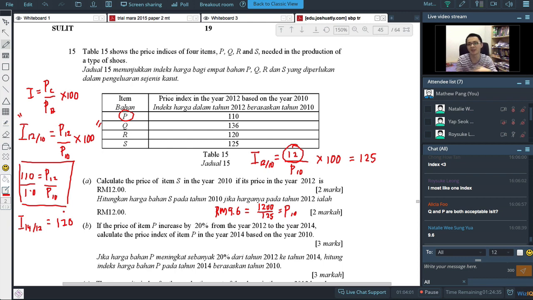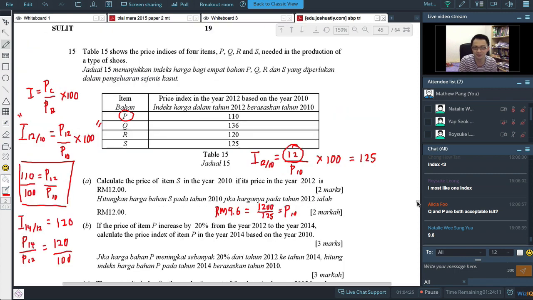Decrease 20, just minus 20. If I write in this form, it is the same idea: price for 14 over price for 12 equals 120 over 100. Because multiplied by 100, I move to this side and divide by 100.